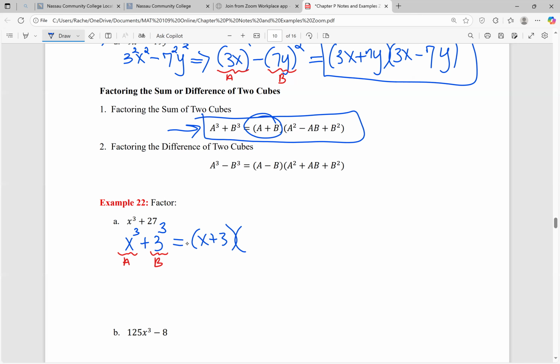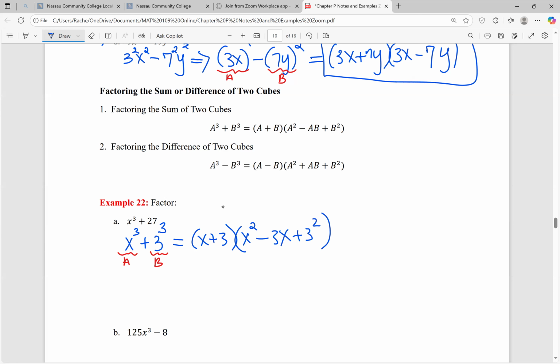And then we're going to multiply that by a squared, where a is x, so this is going to be x squared, minus a times b. A times b is going to be x times 3, or 3x, we would write it. And then plus b squared. So plus b, which is 3 squared.